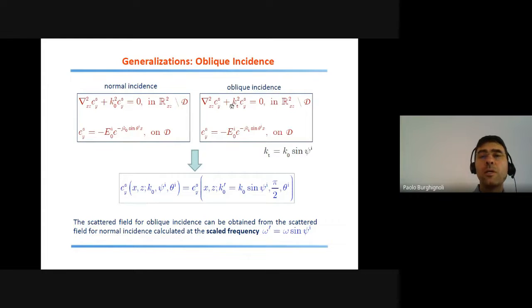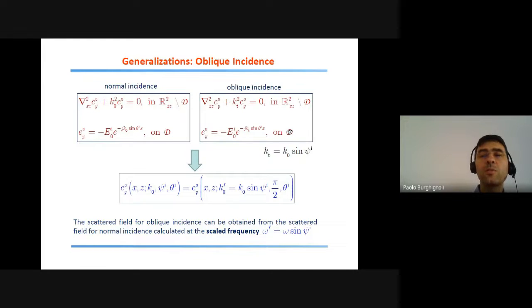However, now, in place of the square of the free space wave number k0, we have the square of a transverse wave number k sub t, which is defined as k0 times the sine of the incident angle psi I. And if you write the boundary condition, then the boundary condition now involves kt instead of k0, all the other things being the same as in the problem of normal incidence. So all in all, the two mathematical problems are exactly the same.